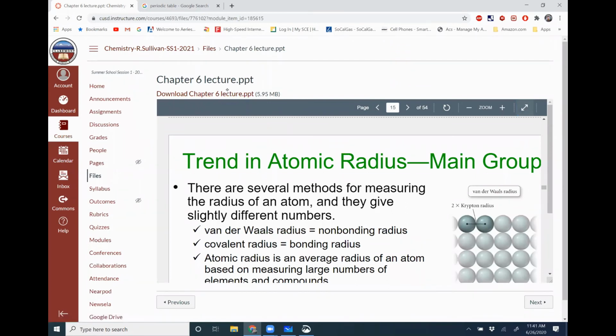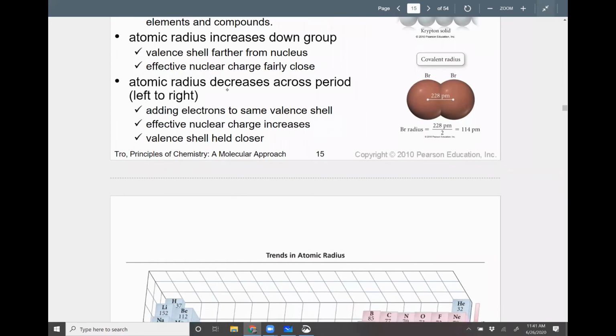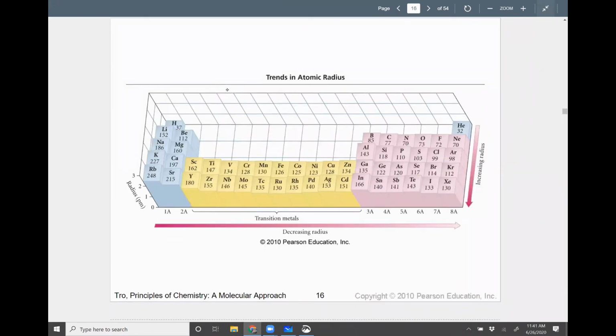Well, the size of an atom is based off of its electron cloud. So the bigger the electron cloud, the bigger the atom, and the smaller the electron cloud, the smaller the atom. So if we look at the periodic table, the larger your electron cloud, the bigger you are.